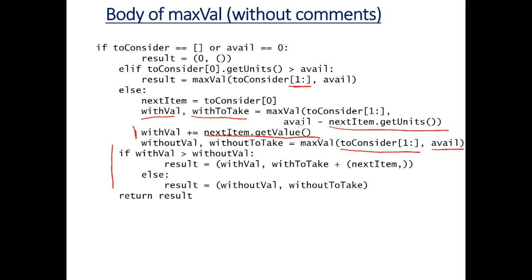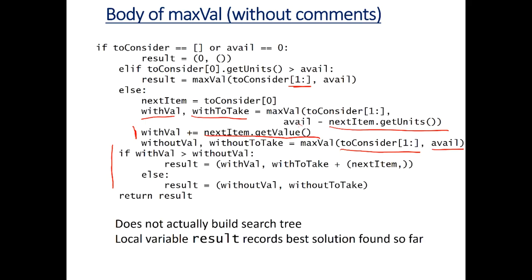A straightforward recursive implementation of the left first, depth first search that we looked at before, with the slight optimization of not exploring the nodes that wouldn't fit in. Notice that we're not actually building the search tree. Instead, we're using the local variable result to record the best solution thus far.